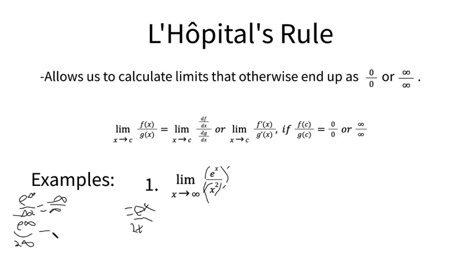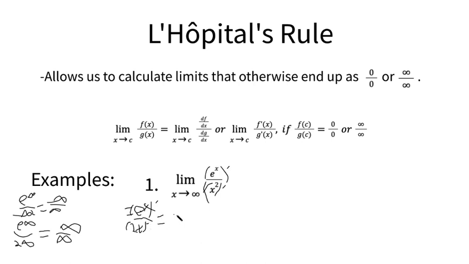And e to the infinity is infinity, and 2 times infinity is just infinity. So this does not work either. We have to use L'Hopital's rule again. So we're going to differentiate with respect to x, e to the x prime over 2x prime as well, and see if this time we'll get something where, if we just plug in, we'll get an answer.